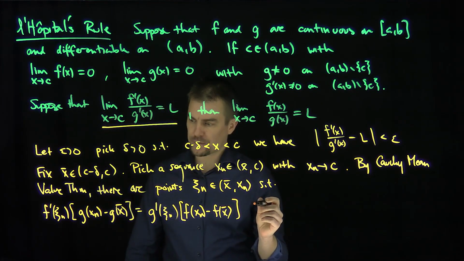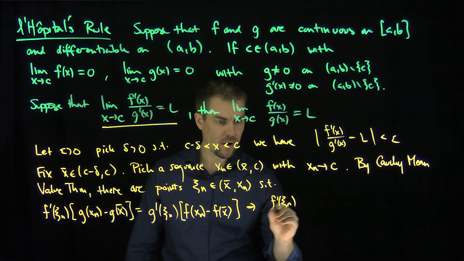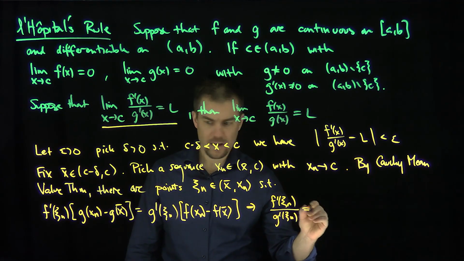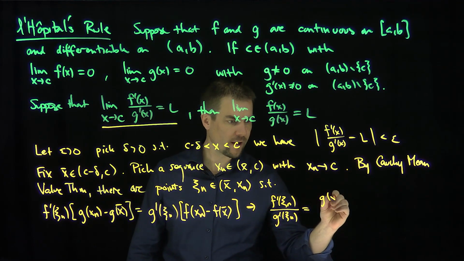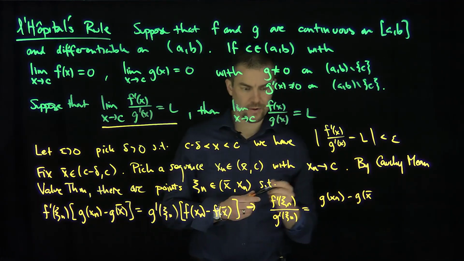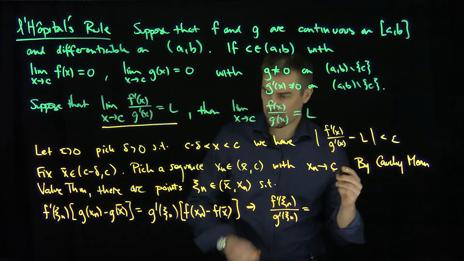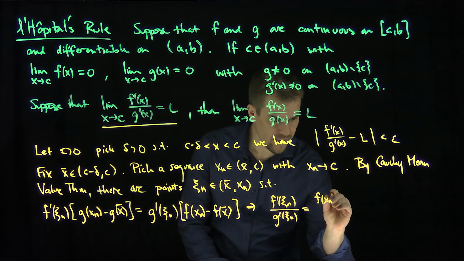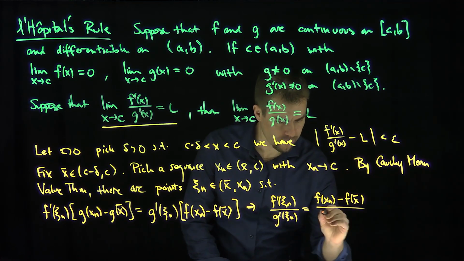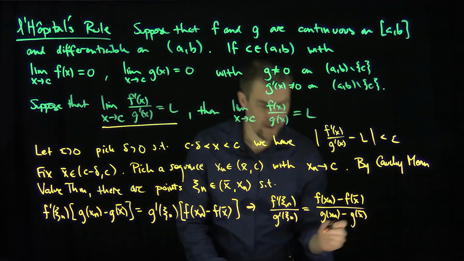So if I do the division, f prime of c_n over g prime of c_n is equal to this ratio, with the f on top: f of x_n minus f of x bar, all over g of x_n minus g of x bar, right?